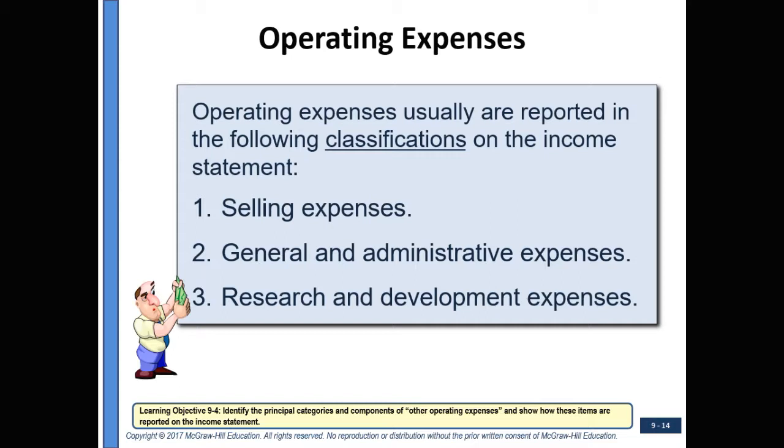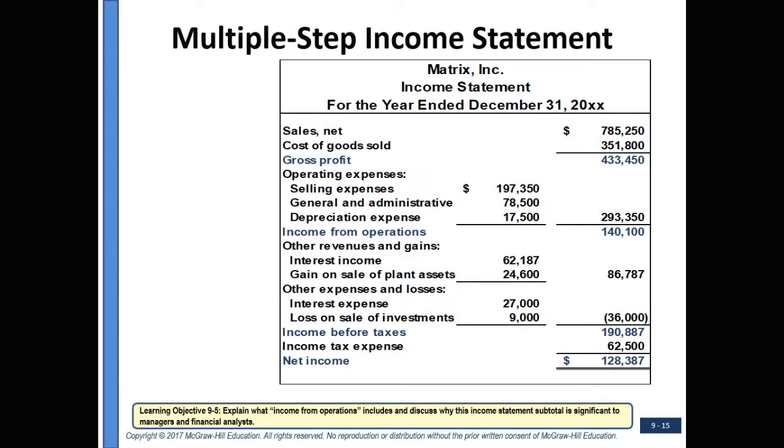Remember that these different classifications will group like type expenses together. They may be one-lined on an income statement, such as you see here, but amongst those general and administrative expenses, there are several of them that are part of that $78,500.